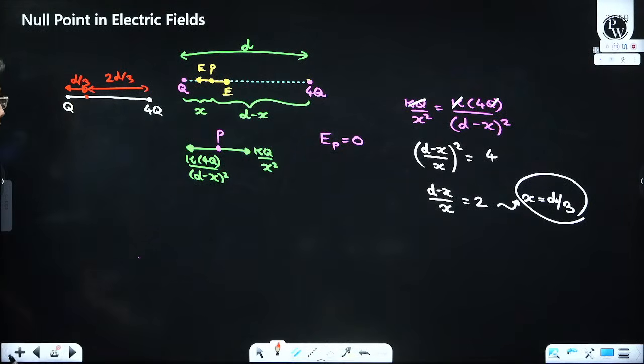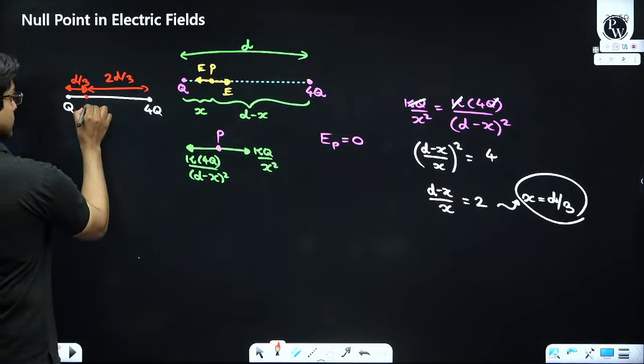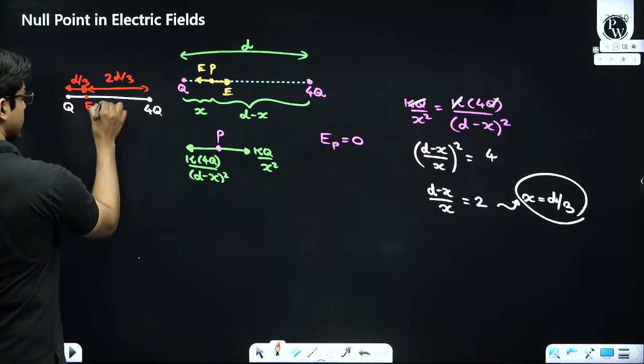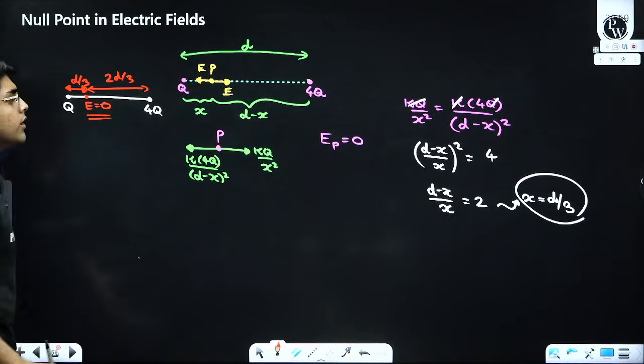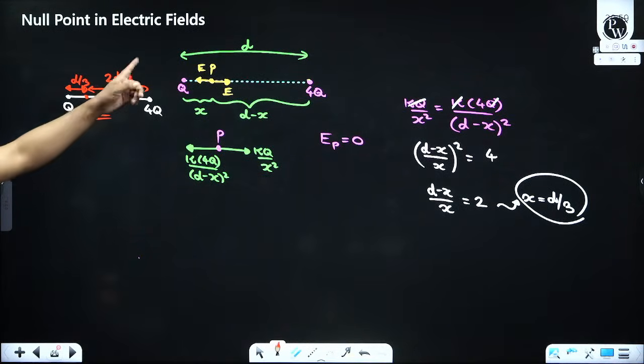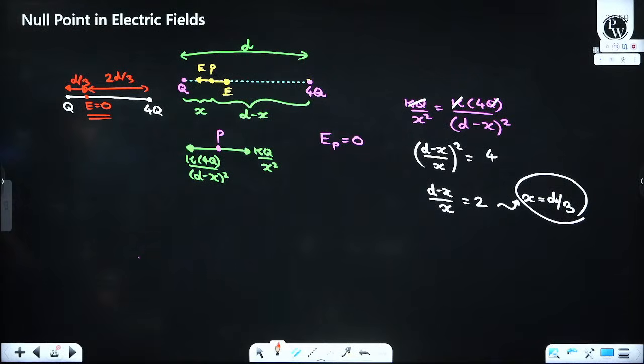So that is how you find the null point where the field is 0. Questions like this can also be asked. If they were both equal charges, then it is easy. The null point will be at the center, at the middle, right? So that is the idea of null point.